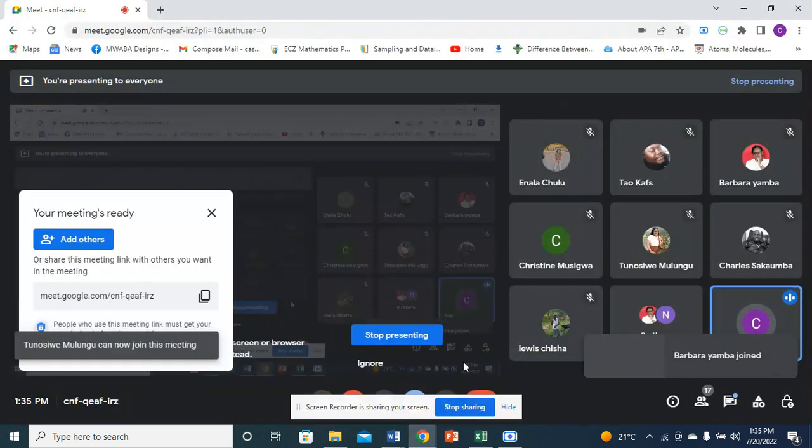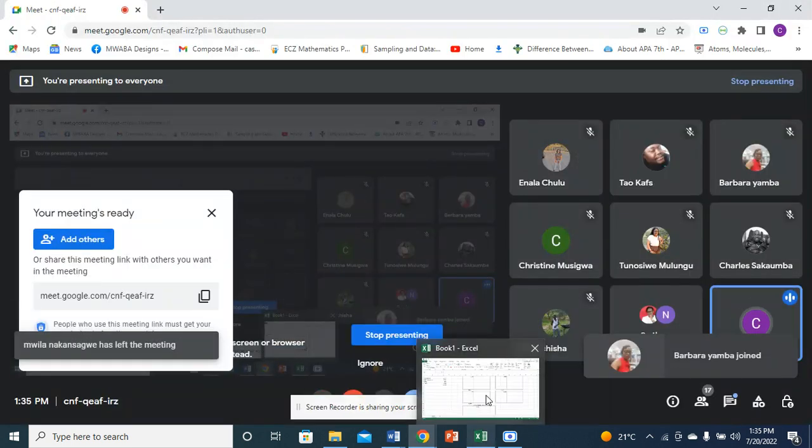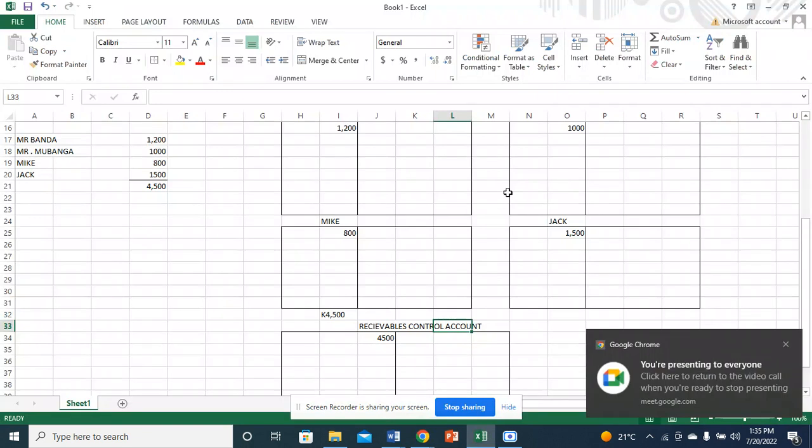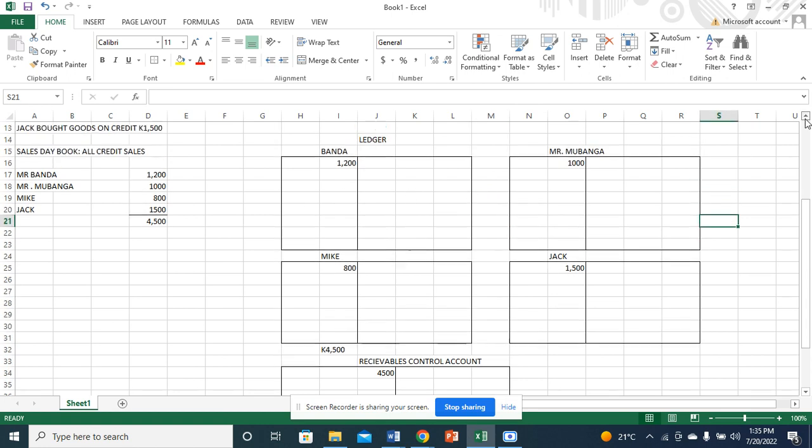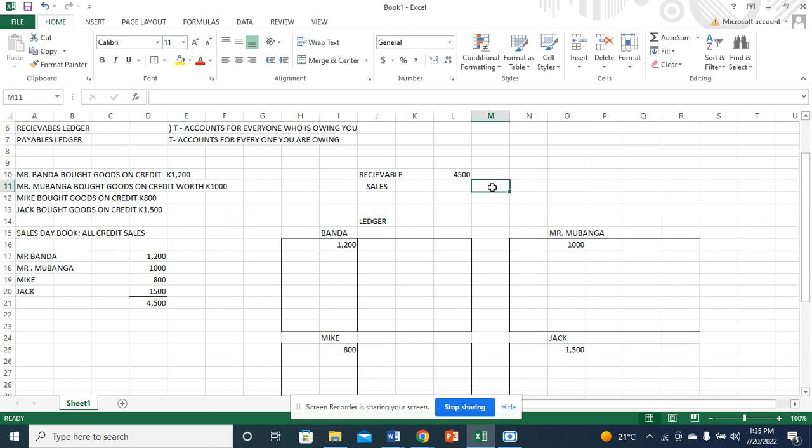Any questions before we now add return inwards? We add return inwards to these transactions, then also add payments and some discounts so that we see everything that's happening in this account. Any questions?